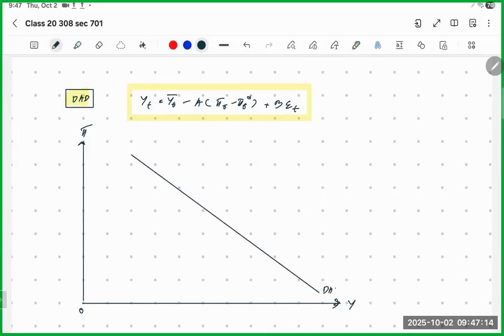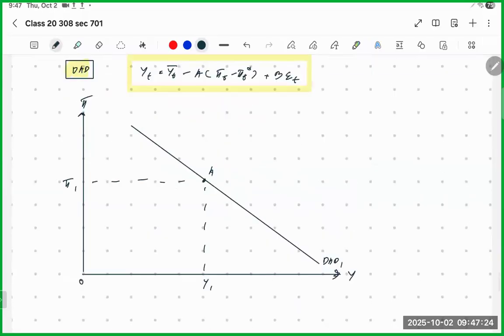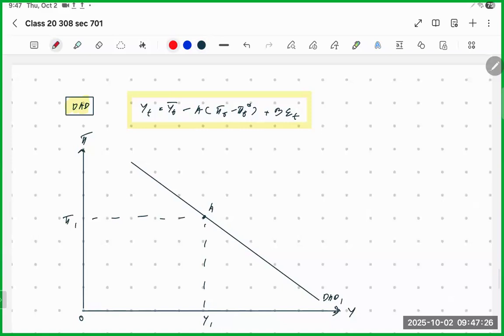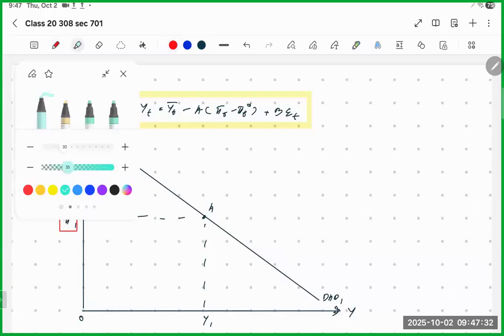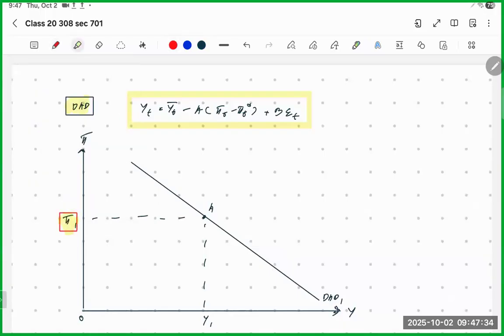This is DAD1. Let's say we are here, point A. Inflation is here, pi 1. Total spending here, Y1. To focus on how to shift the graph, we're going to fix the level of inflation. If inflation is fixed over here, pi 1.